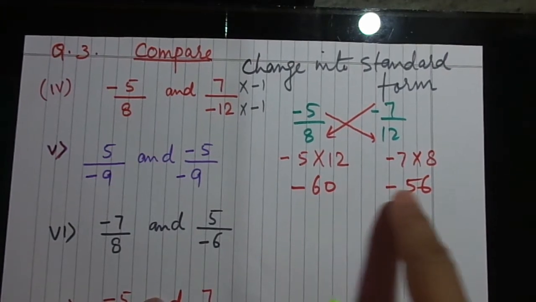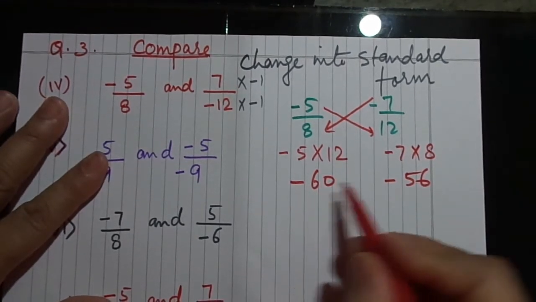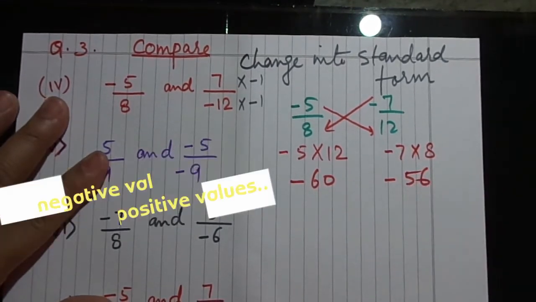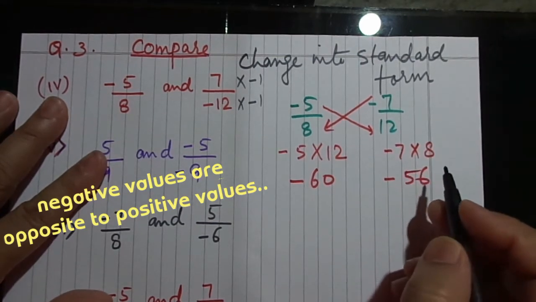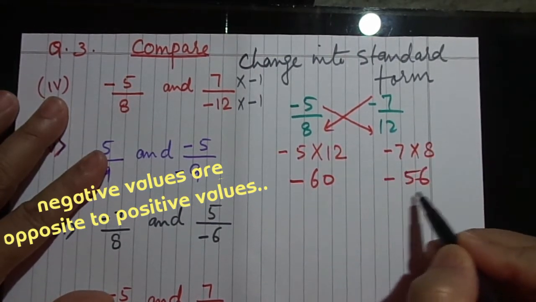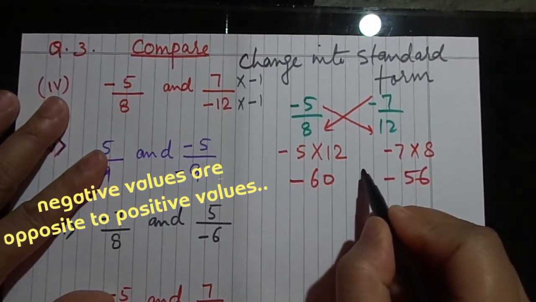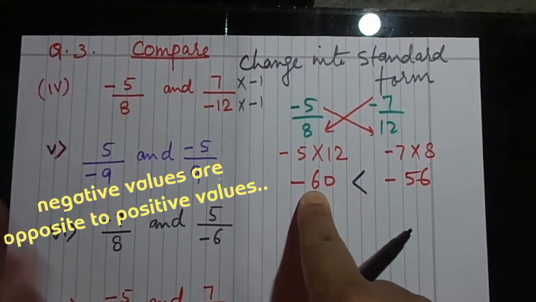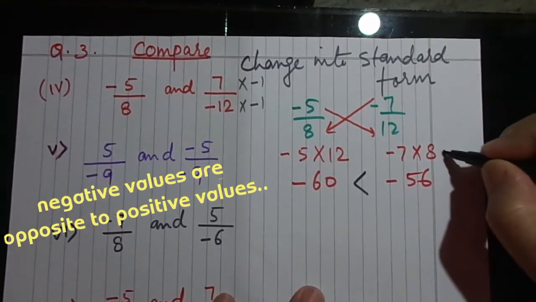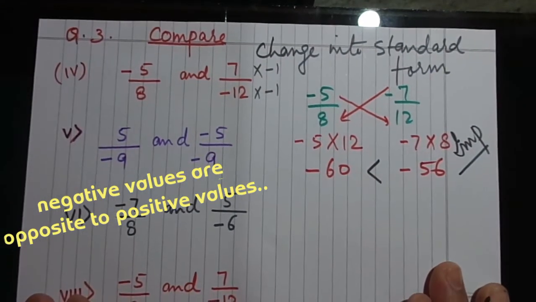If these two numbers would have been positive, then 60 would have been greater than 56. But in case of negative numbers, the number having a smaller value is greater. So minus 56 is greater than minus 60. This is very important. Many of you make mistakes over here.